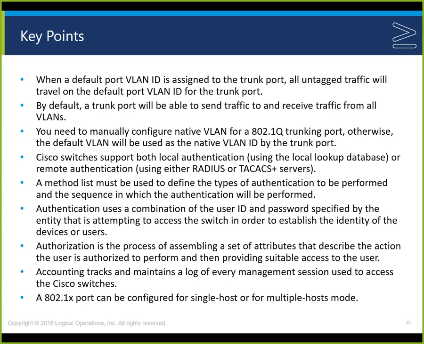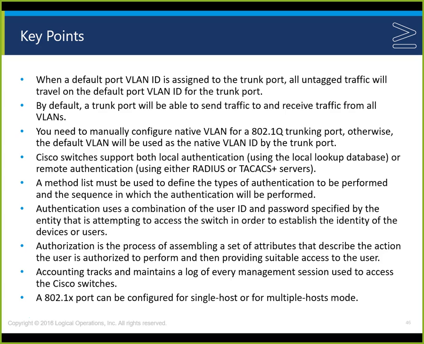We've said that since probably about day 2 of ICND1. If you want a different native VLAN, you need to configure it manually; otherwise the default will be used. Many recommend making the native VLAN a black hole VLAN and not putting any ports on it, so that you're not going to get untagged traffic that somebody is trying to spoof.